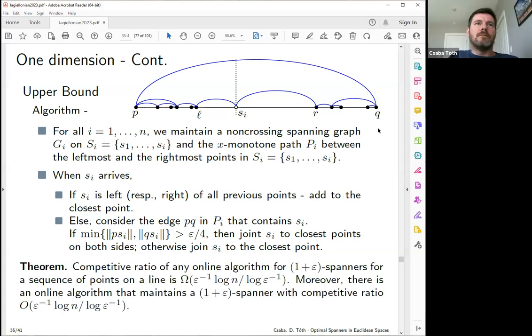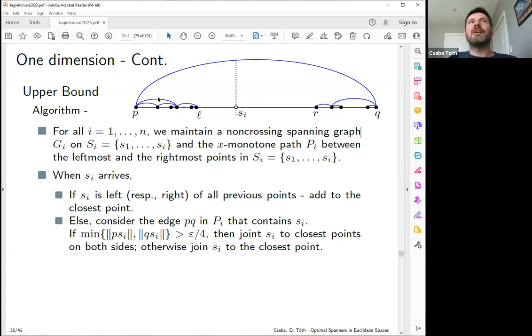And the analysis is not on the slide. The difficult part is to handle properly these clusters on the left and right. If new points arrive here somewhere, then you still add them to this cluster.